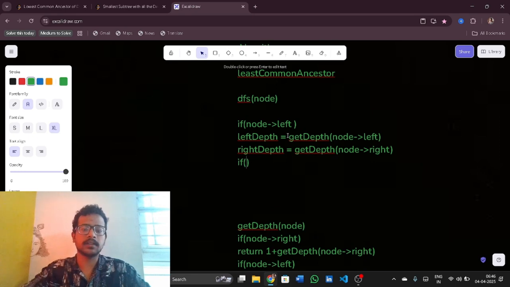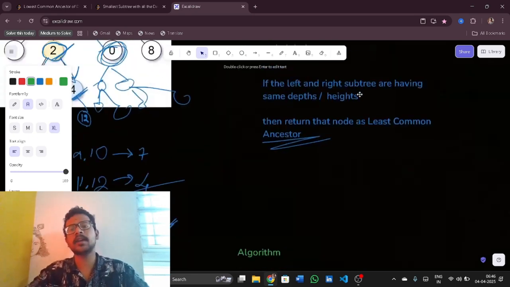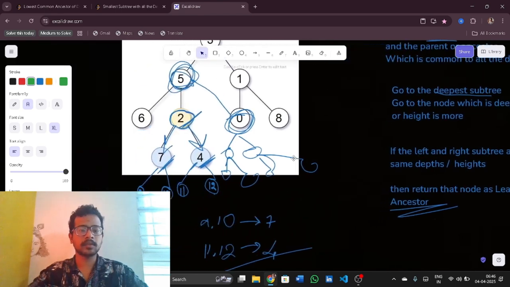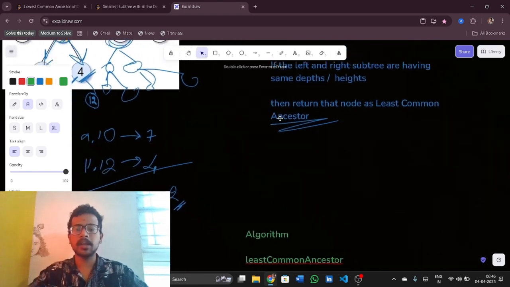Now, as I said, the condition is if the left and right subtrees are having the same depths or heights, then return that node as the least common ancestor. But there might be a possibility that here I have only 3. That means 2 is having the depth of 3, but here 8 might be having more than 3, that means 4 or 5 as the depth for this node 8, and there might be a leaf node.